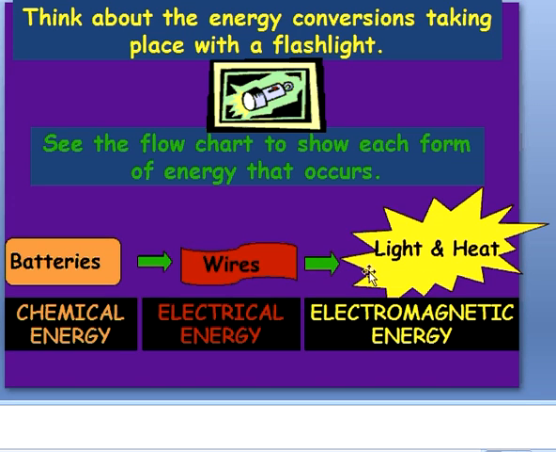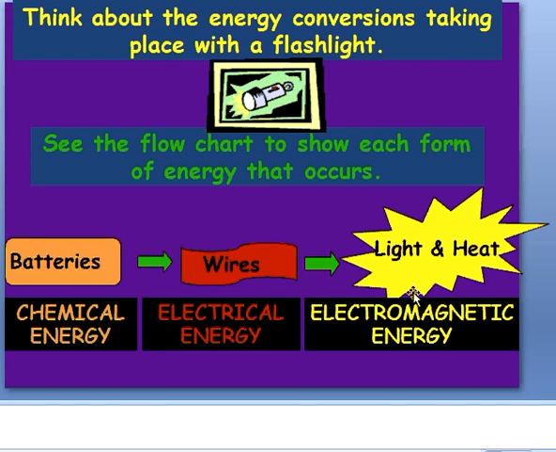Okay, I want you to take a look at this picture, a flashlight, and see if you can see how this is just another example of an energy conversion taking place. So remember, the batteries we consider chemical energy. We put the batteries in here, and then it changes to what? There's wires in there, so it becomes electrical energy, and then we actually see the light and the heat.